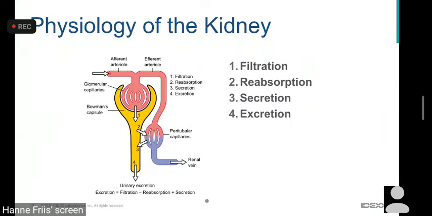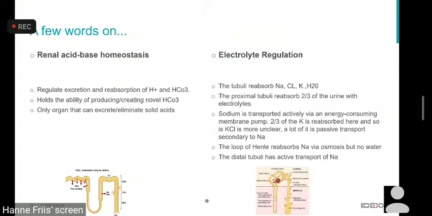Whenever we have a metabolic acidosis or a respiratory acidosis in particular, the kidneys can compensate metabolically by secreting more bicarb. And that is extremely important. That means that when the kidneys are not functioning well, we get in trouble, because then we can't really adjust the acid-base homeostasis. And this is primarily in the proximal tubuli, the majority of this happening.